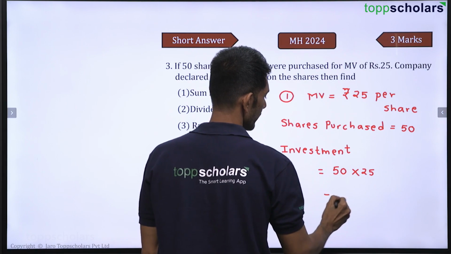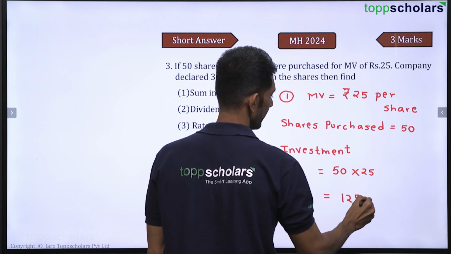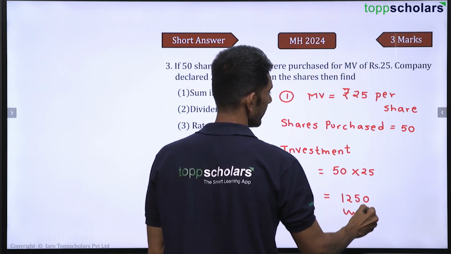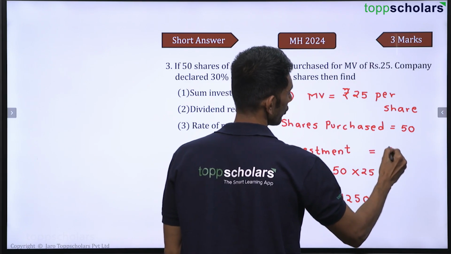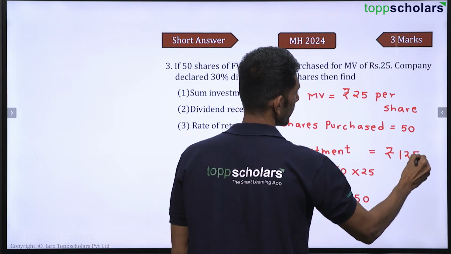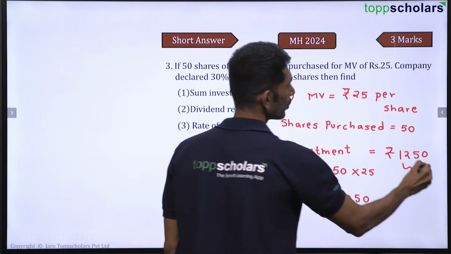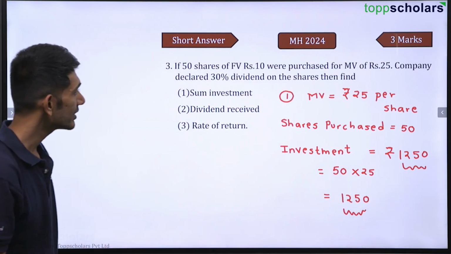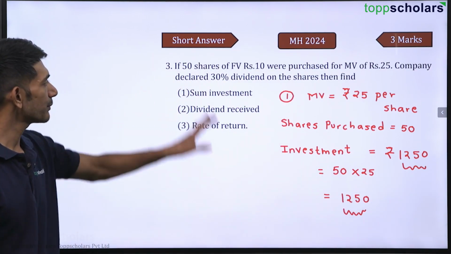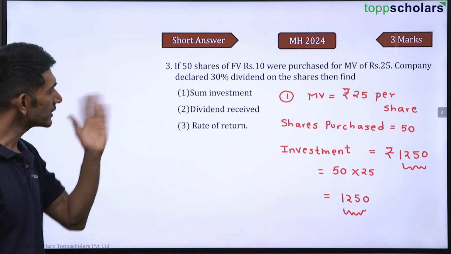So 25 fives are 125 and then a 0. So can I say the total investment is rupees 1250. So 1250 rupees is invested in the market for this particular share. So first part is done.